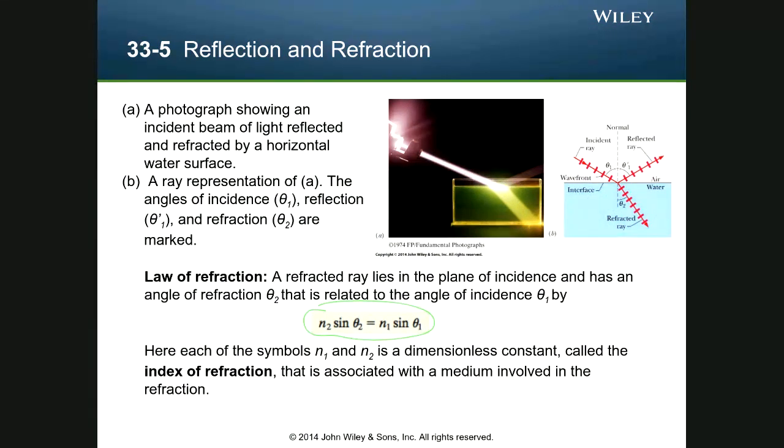So if theta 1 is in medium 1, say we're in air and n1 equals 1, then sine theta 2, probably cleaner to write, will be equal to n1 over n2 times sine of theta 1. And from here, you can get that angle of refraction.